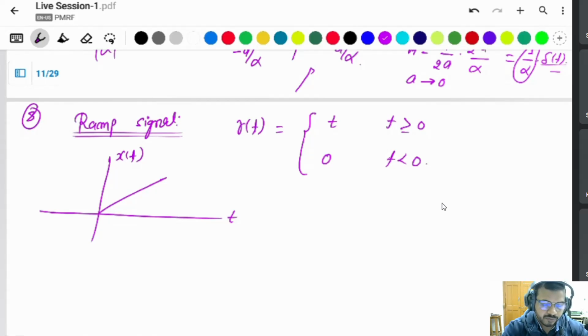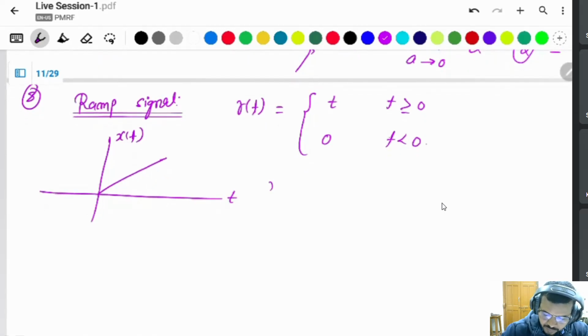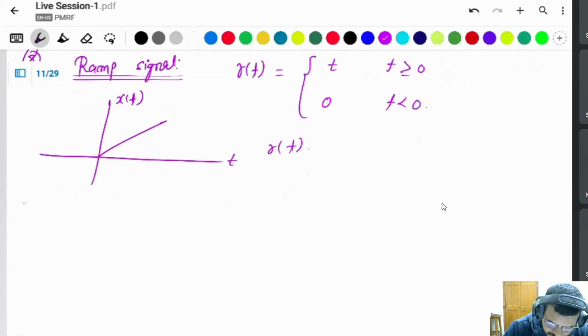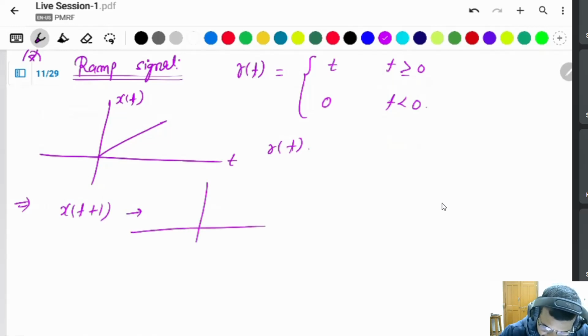What happens if you shift this signal, x(t plus 1)? Then it means this signal starts from negative 1. You can say this with the minus 1, the signal is x(t plus 1).